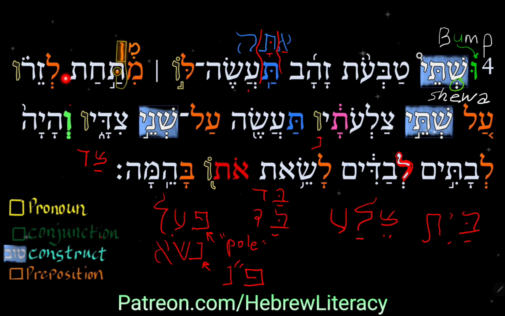Mitachat, that's mitachat became mitachat, from tachat, from under, lezeiro, to zer, zayin resh, gutter of it. Al-shtei, upon, or with, 2 of zalotaiv, that's tzela, right, in the singular, tzela, which is a rib, literally, ribs of it, its ribs. The long sides, architecturally, or a vestibule, or a chamber, that kind of thing.